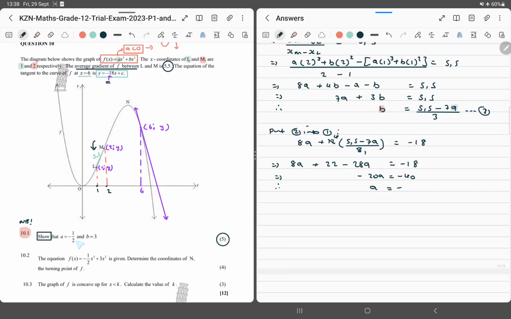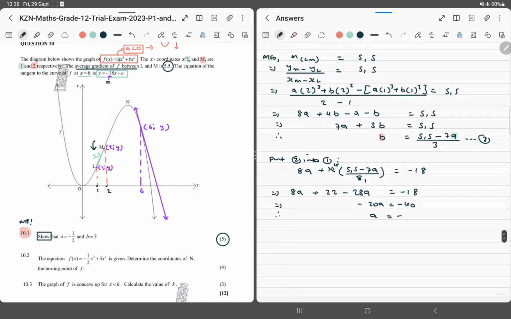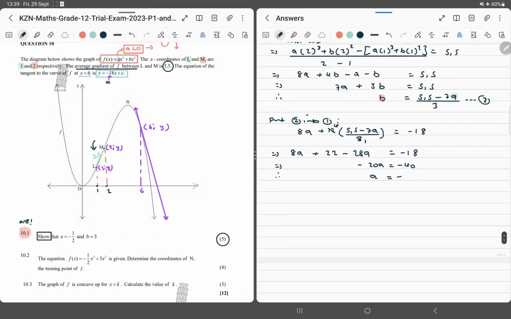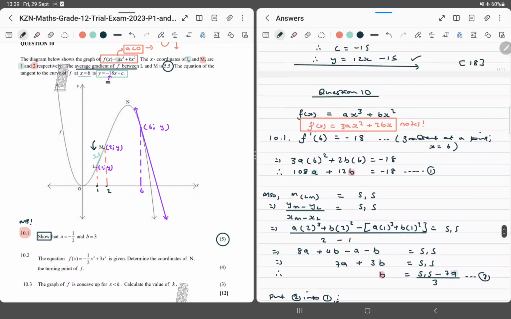Why is it a negative half and I'm getting a positive half? Here I'm supposed to get 20, so something is not adding up. What happened?